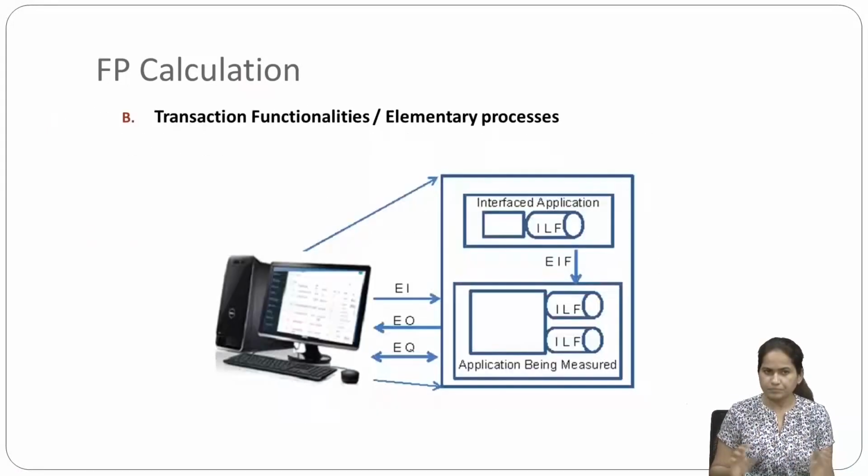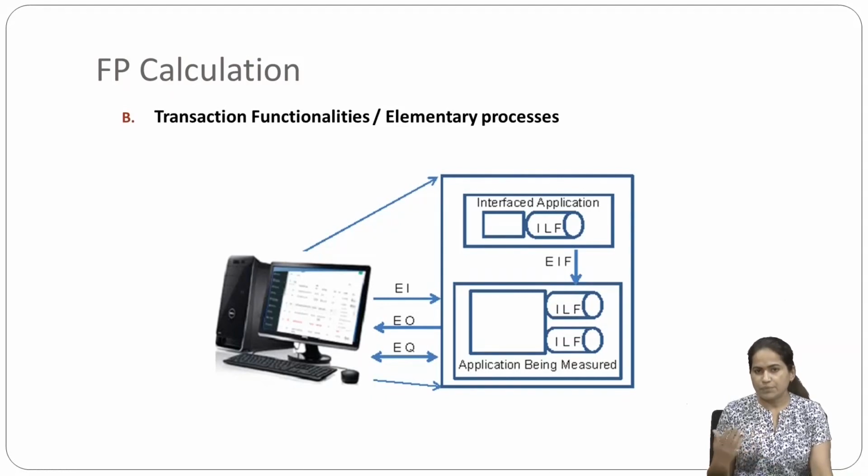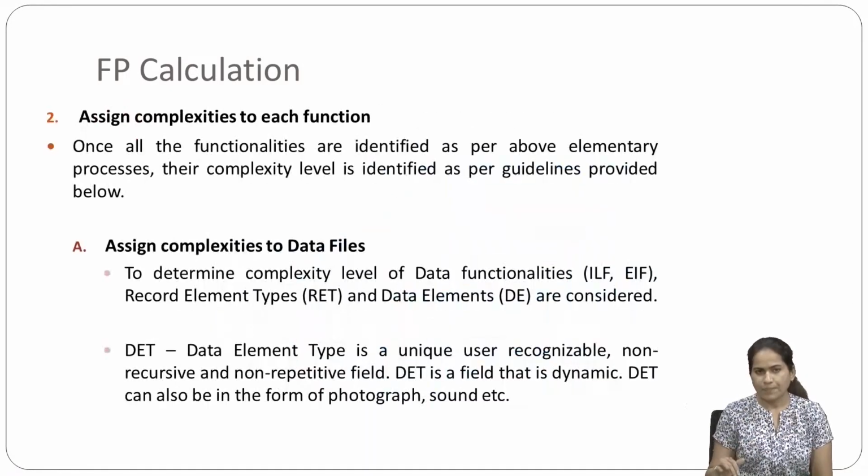Getting? This is the representation of the connection between EI, EQ, EO, ILF, EIF. If you have an interfacing application, then you may have EIF. For the application being measured, you can have different ILFs, and based on that you can have the measurement.